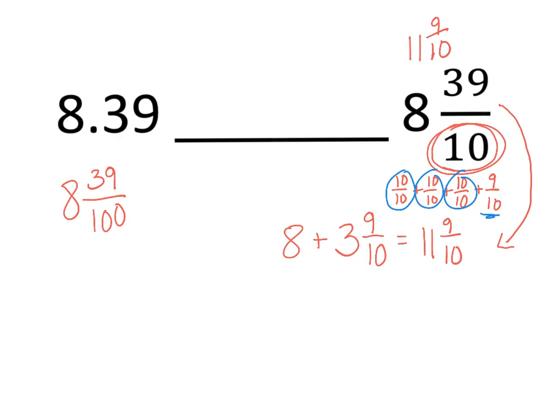Well, just by looking at the whole, we know that 8 and 39 tenths, or 11 and 9 tenths, we can put this back into a fraction. Just by looking at that, the whole is bigger. So 8 and 39 hundredths is less than 8 and 39 tenths, which really is 11 and 9 tenths.